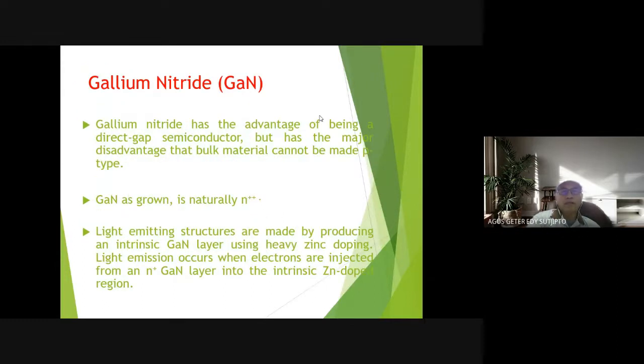Gallium nitride. So again, it is based on the recombination of electron and hole. So this is important: the N-type semiconductor is heavily doped with donor impurity atoms, and this is important to produce the significant color.